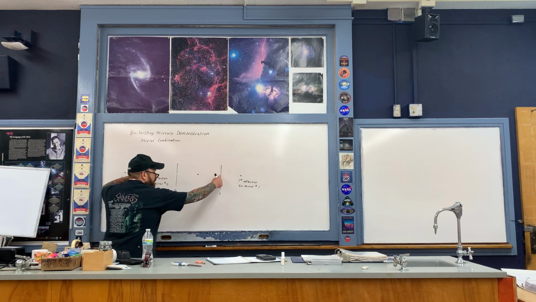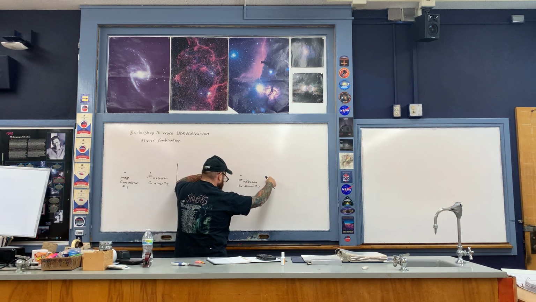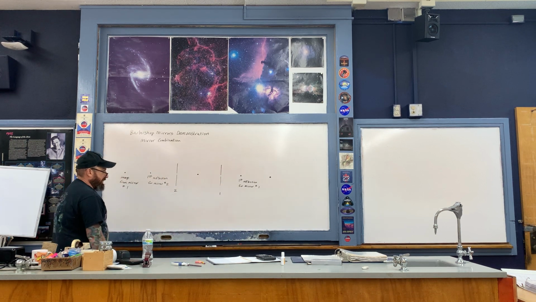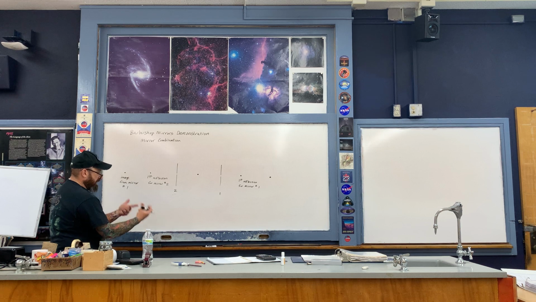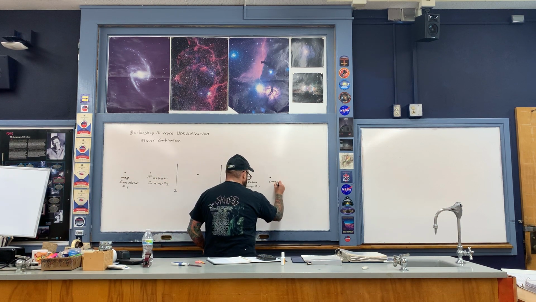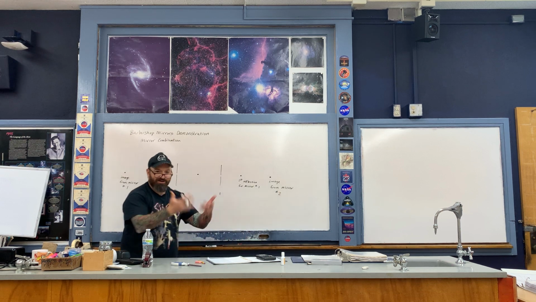So then therefore, the image for mirror number 2 has to now be thought of as the object for mirror number 1. Well, right here is the object distance. Therefore, the image distance is here. So this right here, just to kind of name things as I'm going here properly, is the image from mirror number 2. And so on and so on and so on.